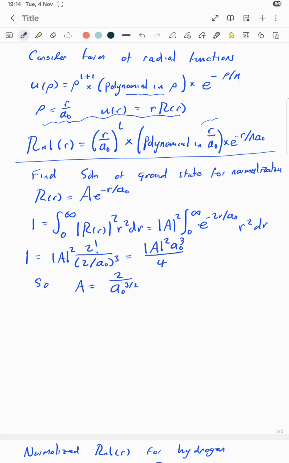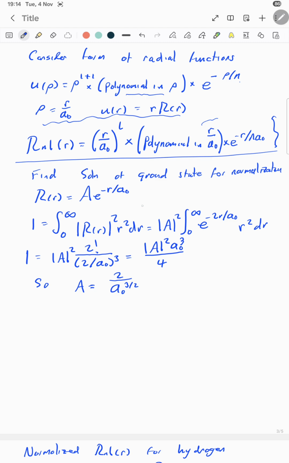Now to find a solution in the ground state for normalization, we've gone through what the radial equation is and we've derived this before. Now this is just something else.